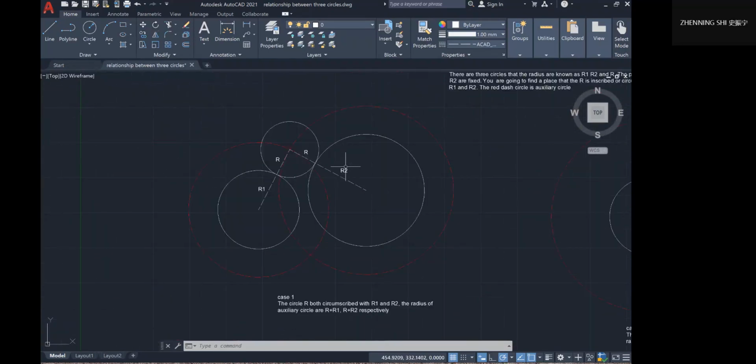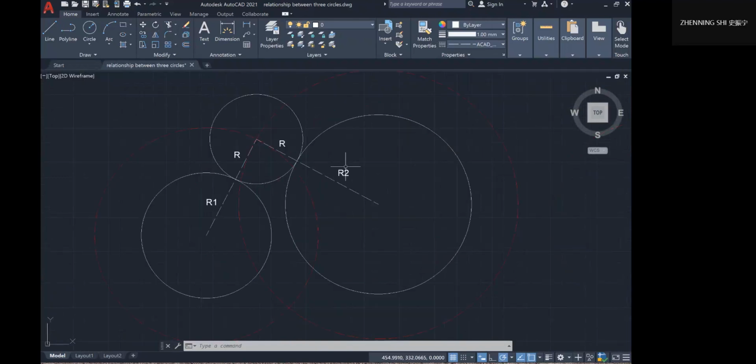Do you need an exercise? Can everybody give me an answer? If you want to practice by yourself, I can give you 5 minutes. If you don't need it, I will go on. Actually, how to get R2? How to get R? Oh, okay.